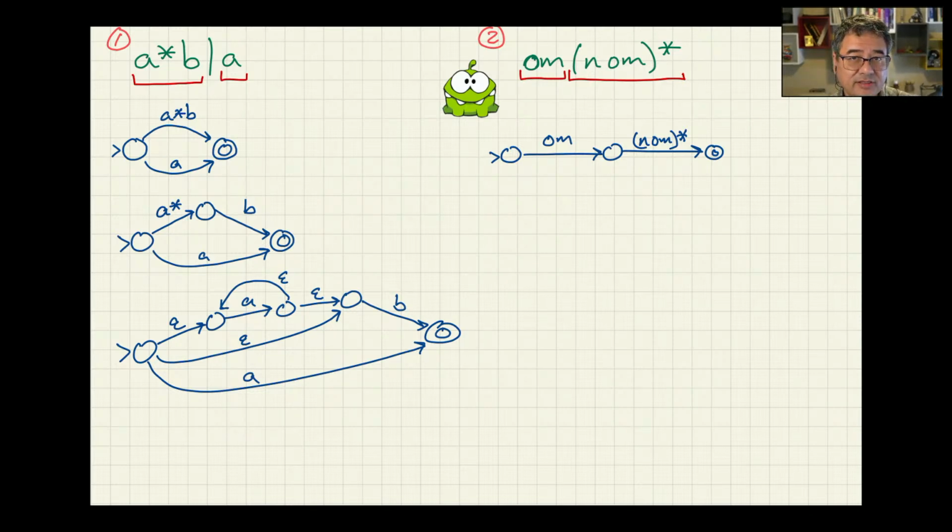And then I start breaking them up. So the om becomes two symbols, or two states, two transitions, I should say. There's the O and the M. Here's our start. And then the nom star becomes that UFO.